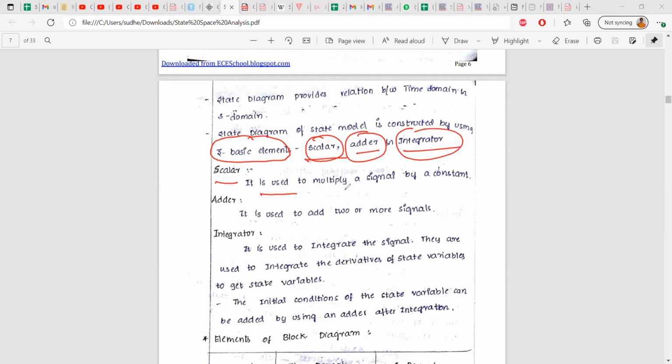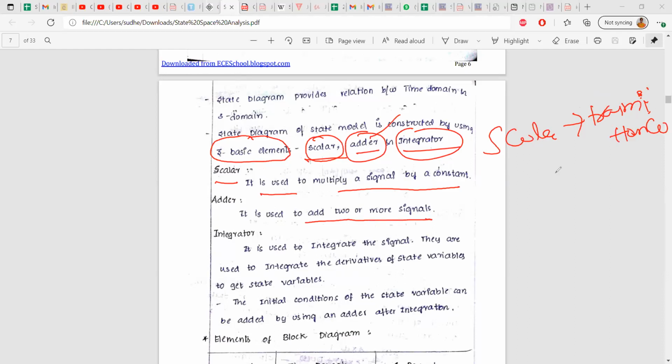So what is scalar? Scalar is used to multiply the signals by a constant. Scalar is nothing but similar to our transmittance in the signal flow graph. Adder is nothing but to add two or more signals, similar to a summing element.